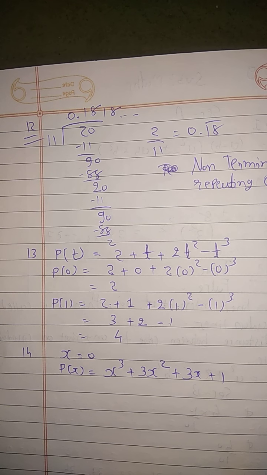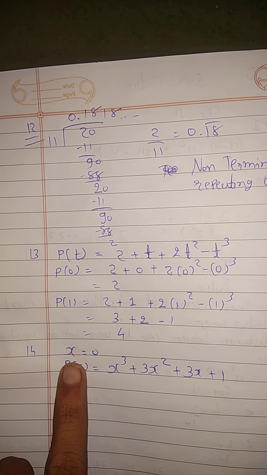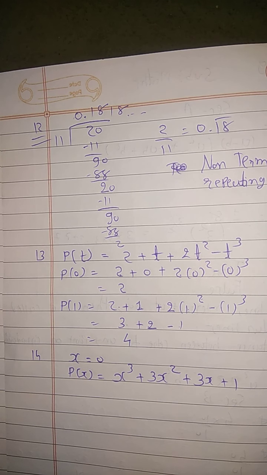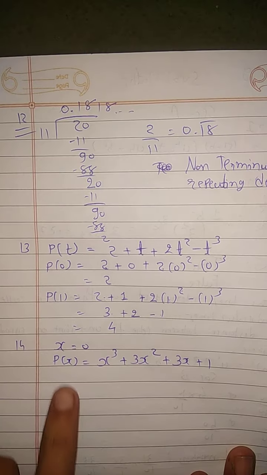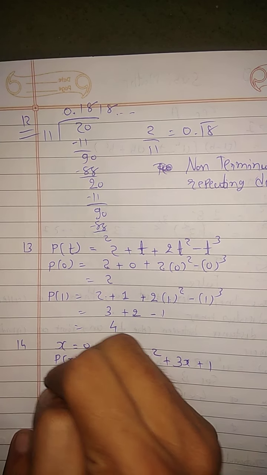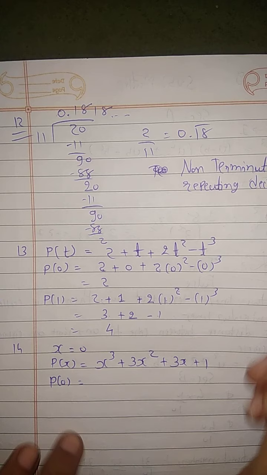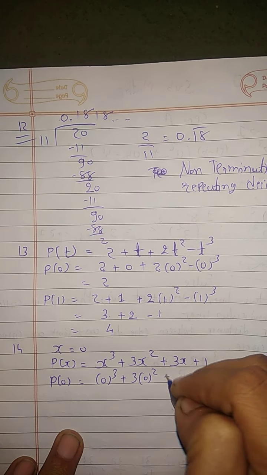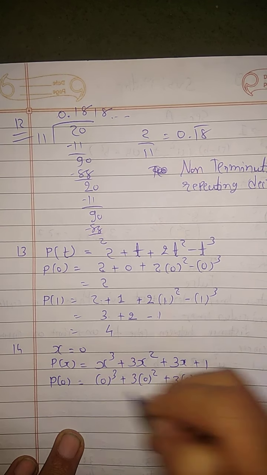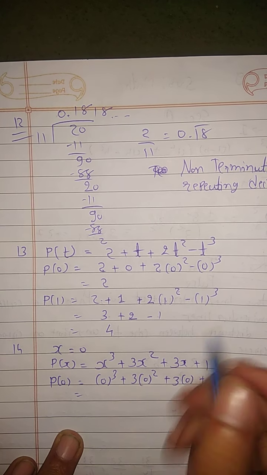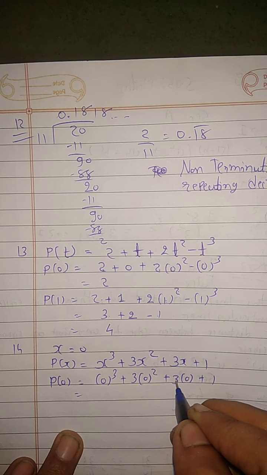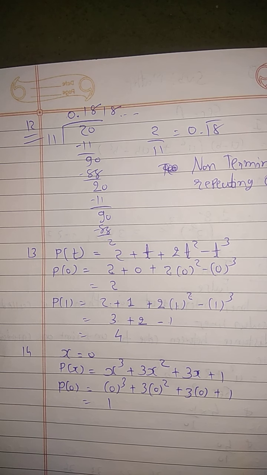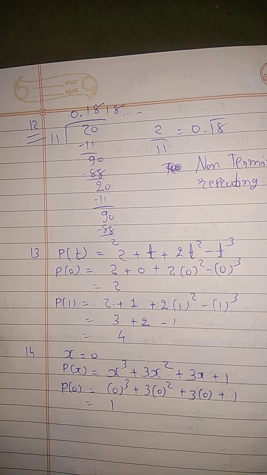Now in that we need to divide by x, and we need to take g of x equal to 0. Okay, now g of x is equal to x, so put x equal to 0 here. So whatever answer we get, that is the remainder. Okay, so put here 0, here also in place of x 0, here also in place of x 0 and 1. So 0 cube 0, 0 square into 3 is 0, 3 into 0 is 0, only 1 is there, so remainder is 1. Okay, so 1 is the remainder.